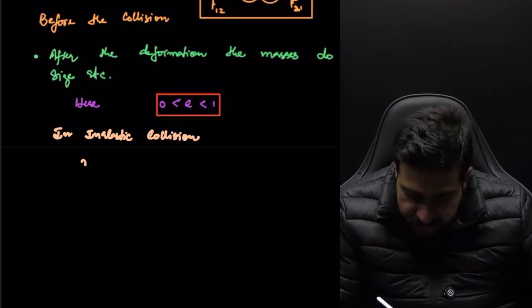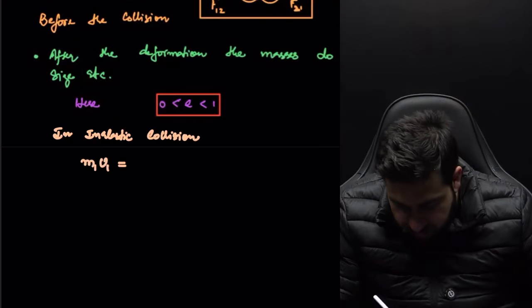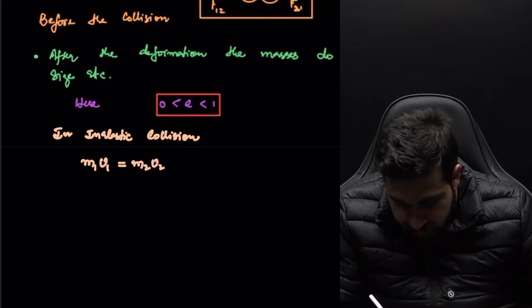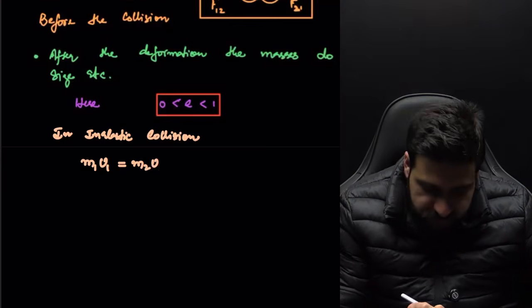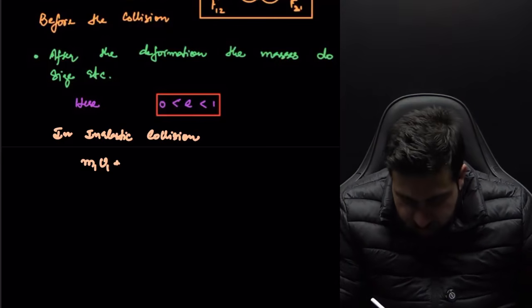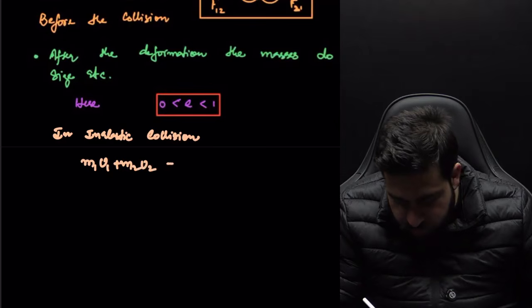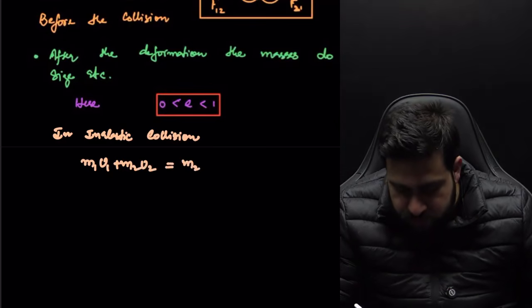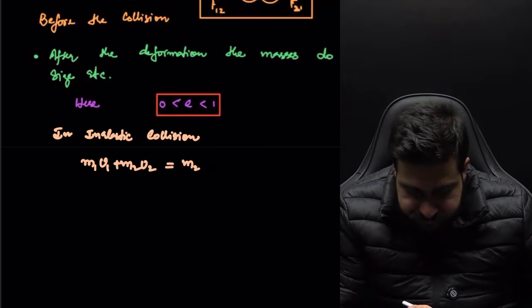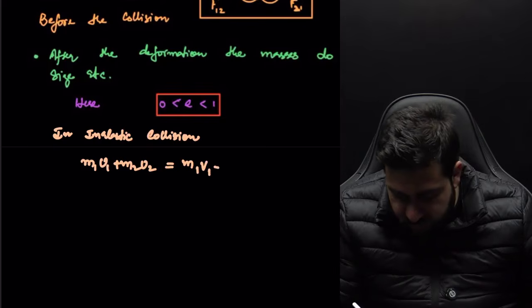Inelastic collision. I can say m1 u1 plus m2 u2 will be equal to m1 v1 plus m2 v2.